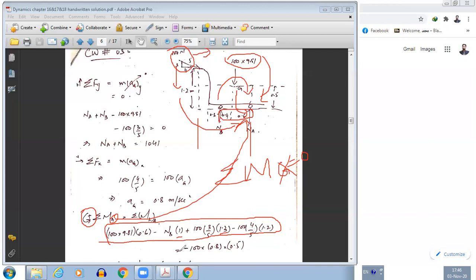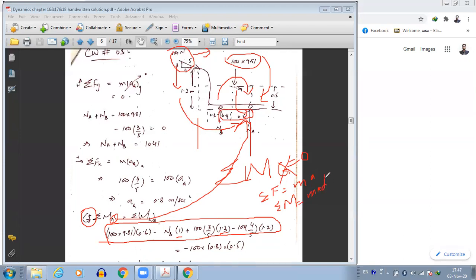This thing will be equal to, previously we used to have summation F equals MA. So here we'll have summation M equals MAD, the mass into acceleration into the distance, because the object will be moving in this direction.